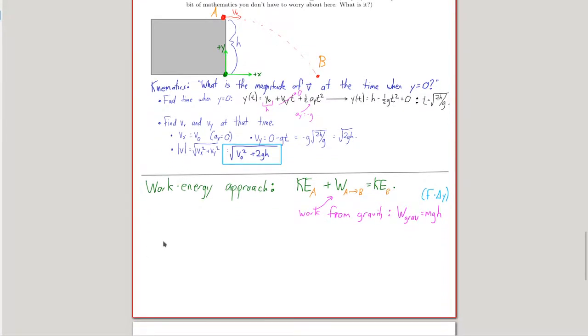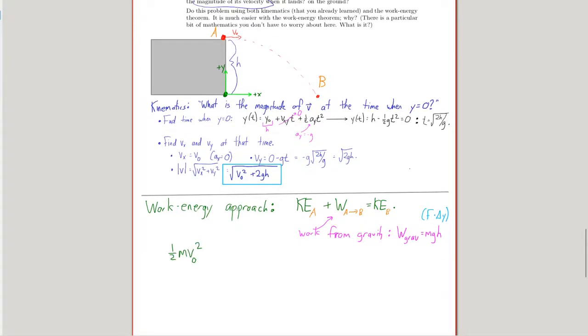So, filling in those symbols, I have 1/2 m v naught squared, because that's the velocity at A, plus the thing I just figured out, the work done by gravity is mgh, equals the kinetic energy at B, 1/2 m v final squared, or I'll write m vb squared.